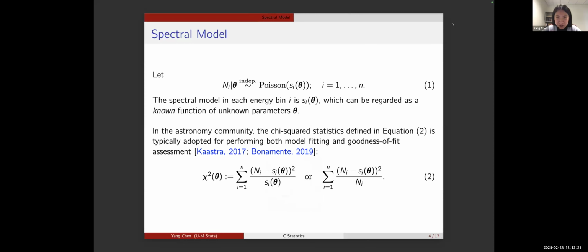Honestly, based on what we already have, I don't really have answers to your question, because we study the C statistics, which is on the log scale and the counts, not these chi-square statistics. But intuitively, I would say the left-hand side has a smaller variance marginally, right? Because the left-hand side, if you calculate the variance, is the variance of N_i squared, sort of. But the right-hand side is the variance of a ratio estimator.